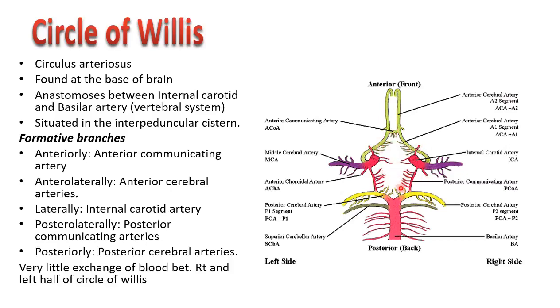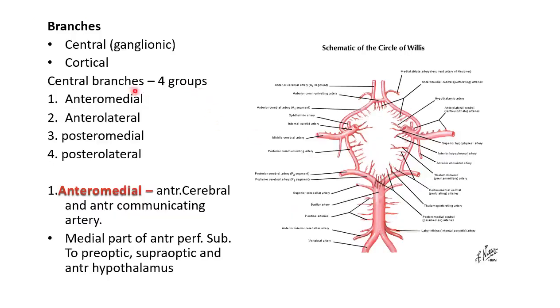So 1, 2, 3, 4, 5 and 6: six sets of branches, but grouped into four, which are the anteromedial, posteromedial, anterolateral and posterolateral groups. Anteromedial arises mainly from the anterior cerebral and anterior communicating arteries.